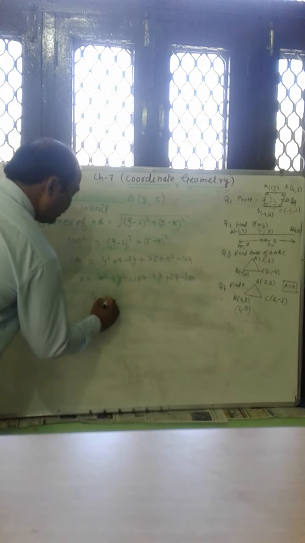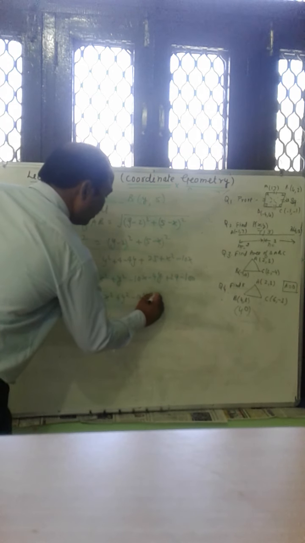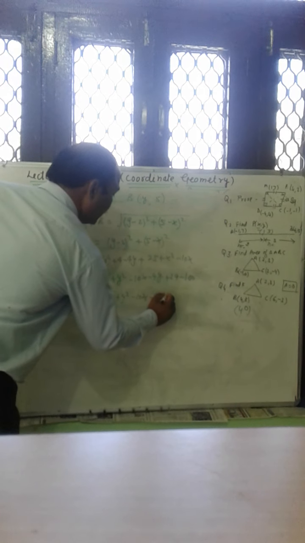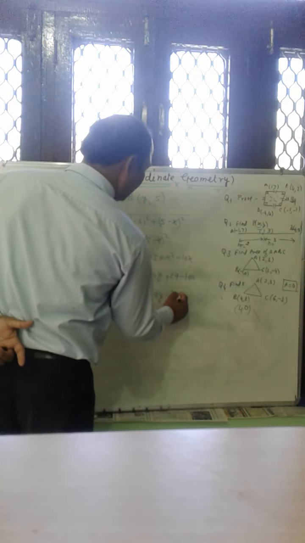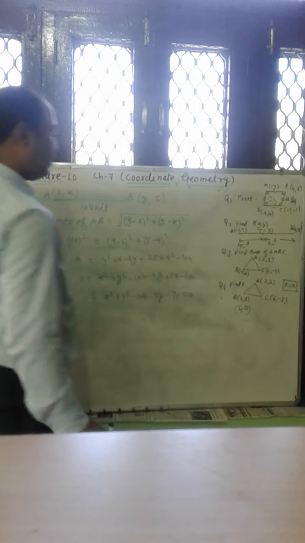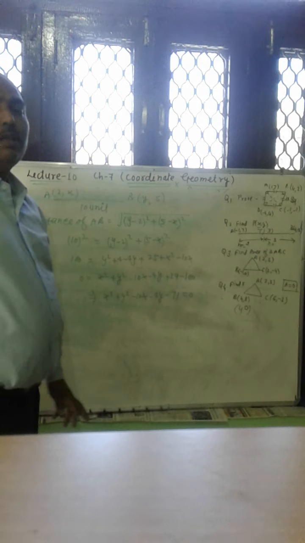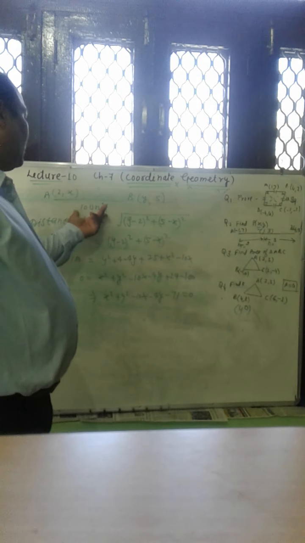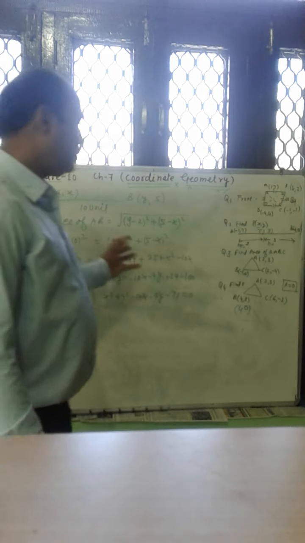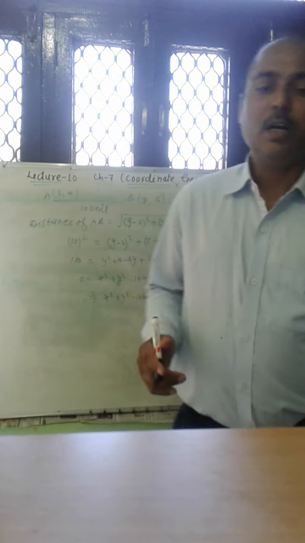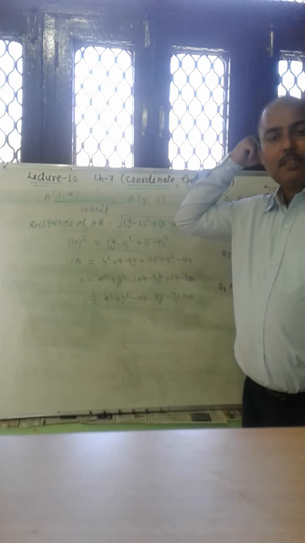Now x square plus y square minus 10x minus 4y minus 71 is equal to 0. This is the relation between x and y when the distance of 10 units is given between A and B. So dear students, I hope you can try more and more questions from this exercise.